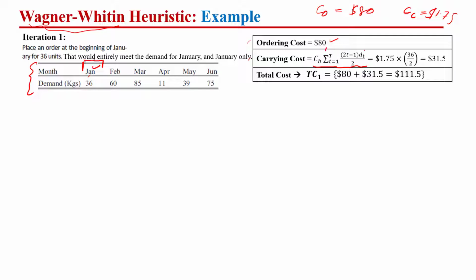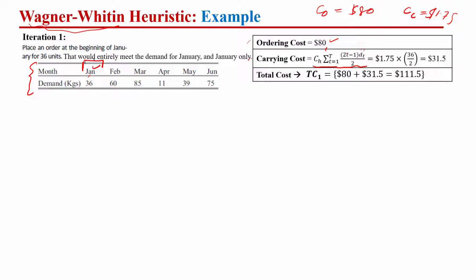This formula calculates the average inventory. We multiply the per unit carrying cost with the average inventory of the defined planning horizon, which right now is 1. So capital T is equal to 1.